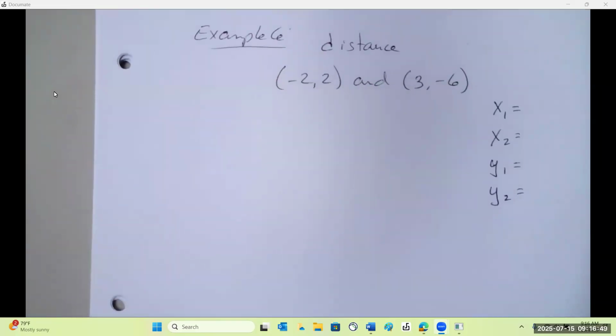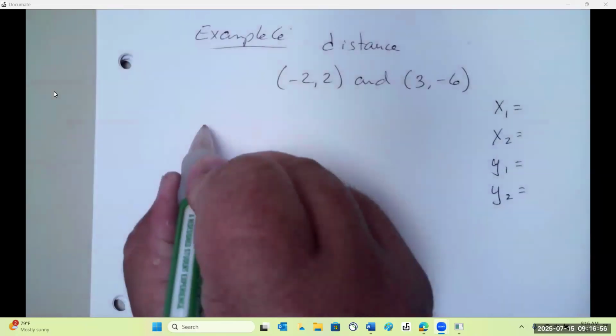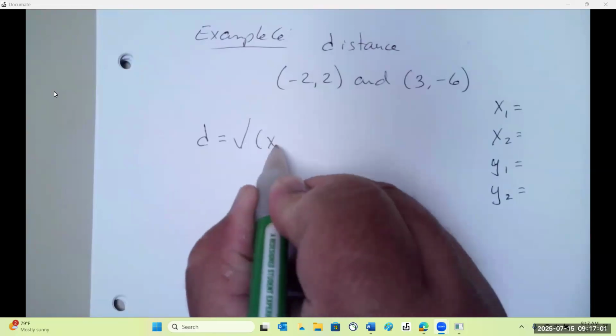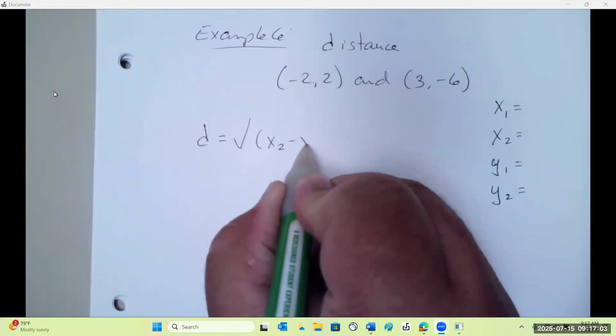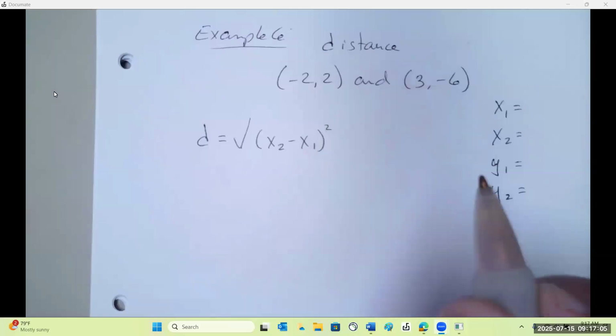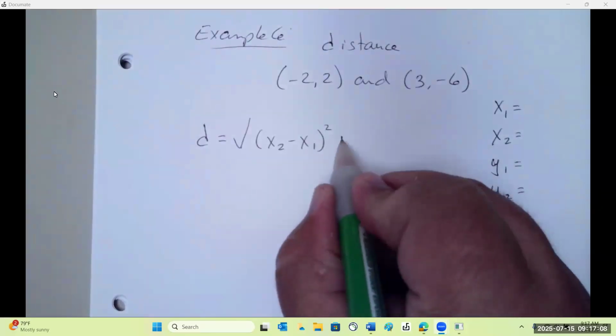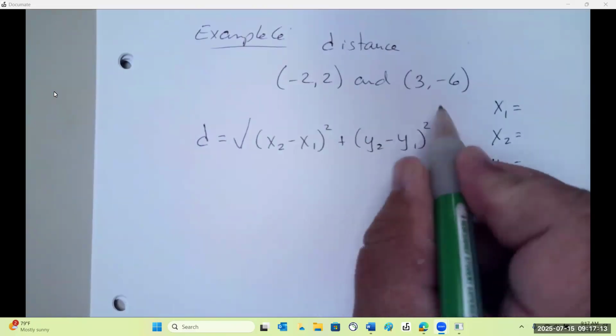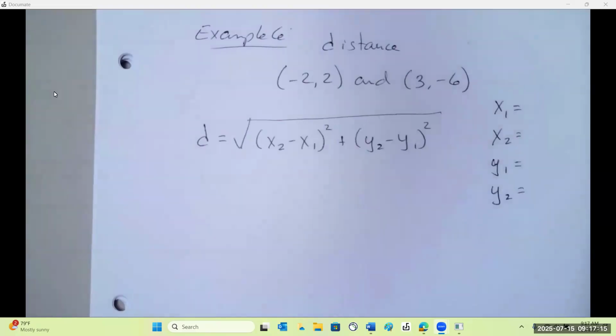What's your first step always when you solve a problem? Write the formula down and label what you have. So what's the formula for distance? X1 plus X2 is midpoint. So for the distance, just think about how it relates to the slope. Because we use the entire line for a slope equation and for the distance equation. For midpoint, we only use half of it, so that's why it's a different formula.